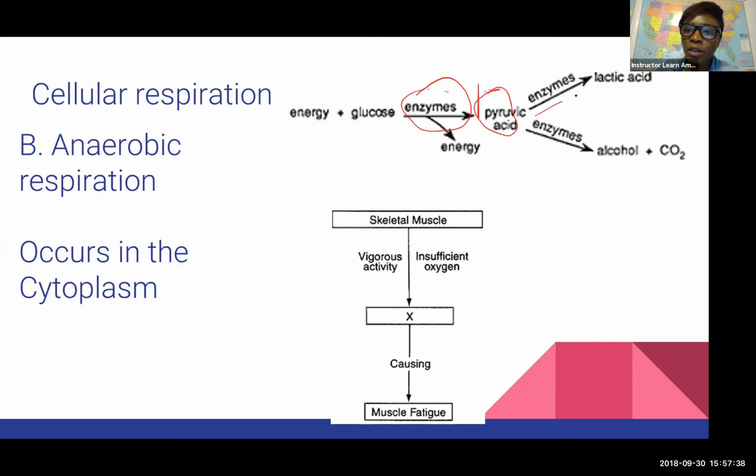From the video, we saw that enzyme come into play again. But at the end here, I have lactic acid and alcohol. By seeing those right away, you should be thinking, is this aerobic or anaerobic respiration? The clues are that you see lactic acid and alcohol right away. You should know that's anaerobic respiration.